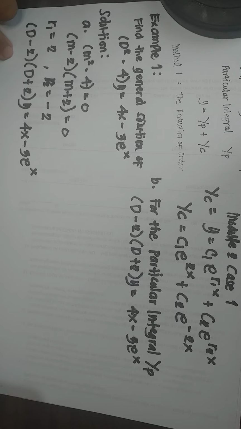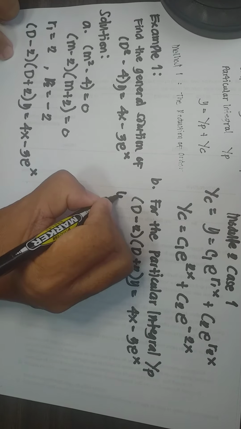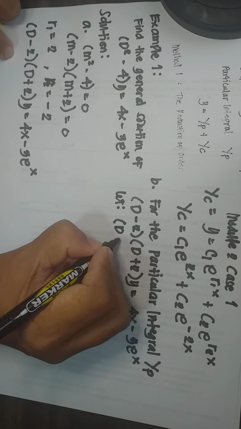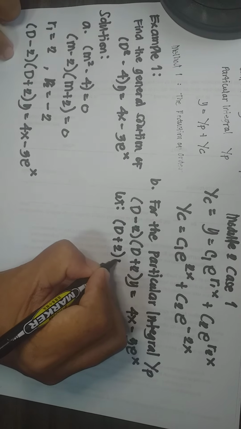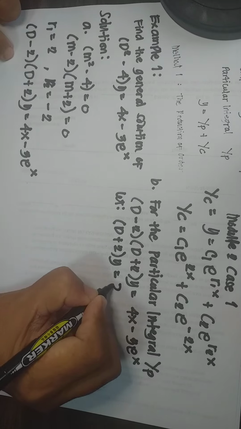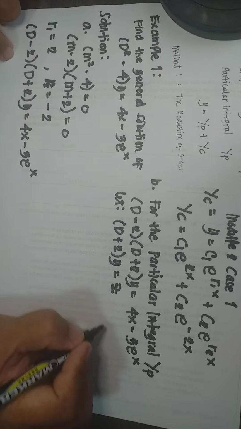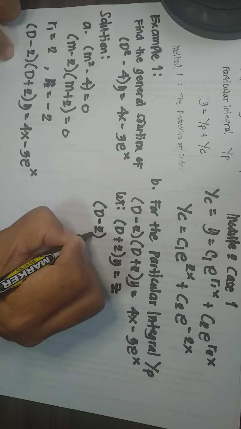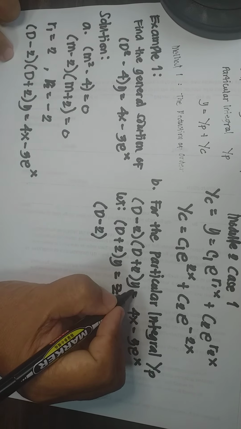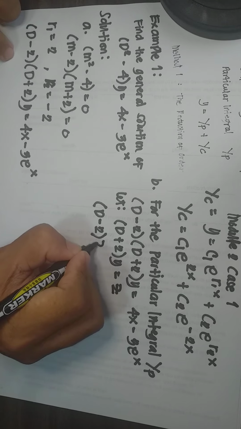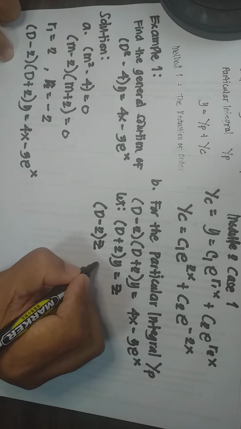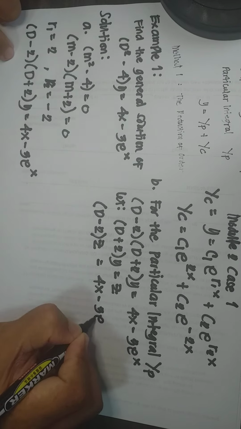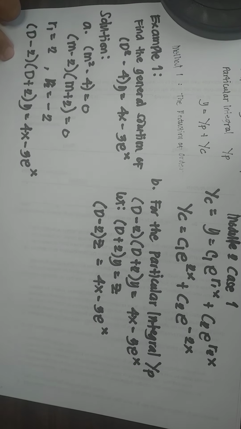So what are we going to do here? We have to represent D plus 2 y to be equal to z. So this reduces to D minus 2 times z, which becomes D minus 2 z is equal to 4x minus 3e to the x.